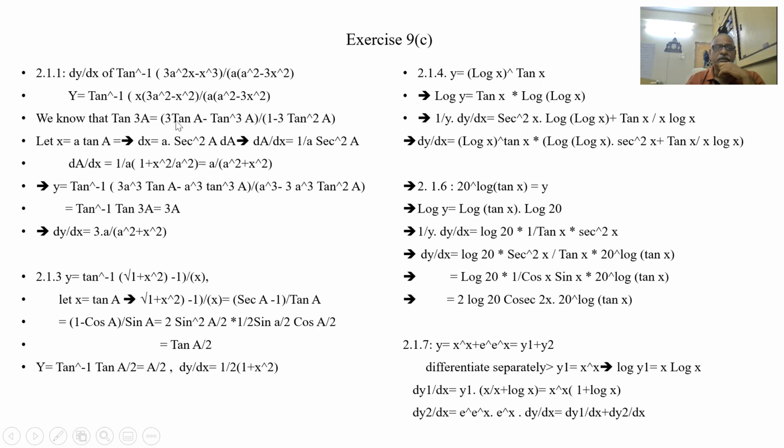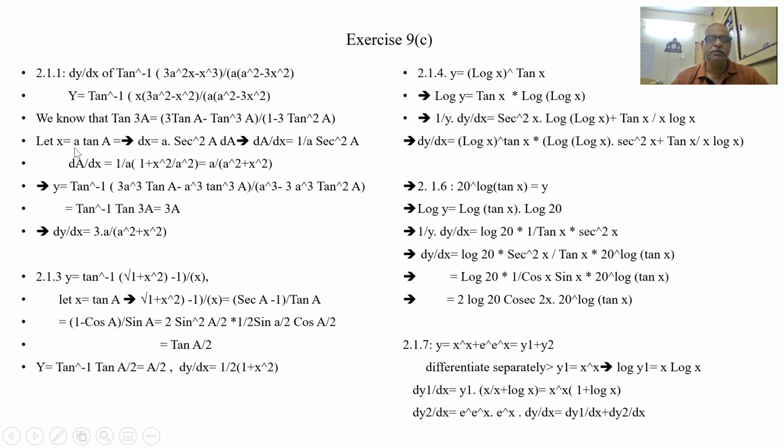Tan 3 theta is equal to 3 tan theta minus tan cube theta by 1 minus 3 tan square theta. I have written a here because writing theta is difficult for me. That is why you can put 3 tan a minus tan cube a by 1 minus 3 tan square a. But in terms of theta also, we can read this. Okay. So we convert this into tan 3 theta.